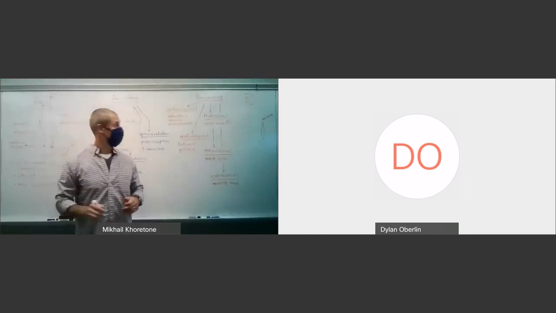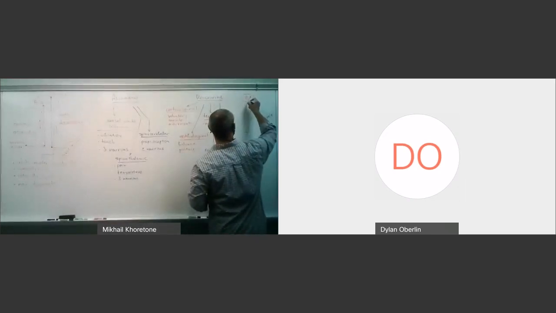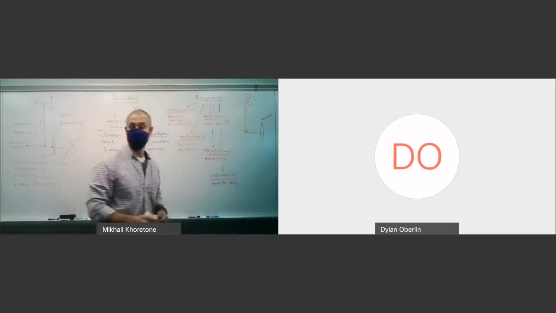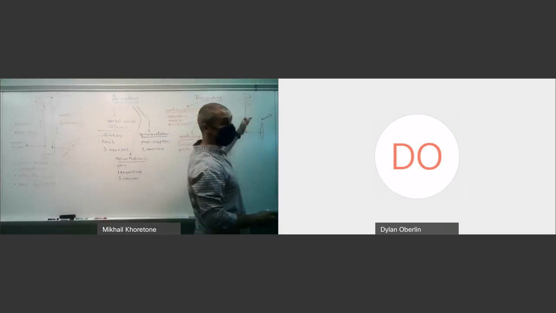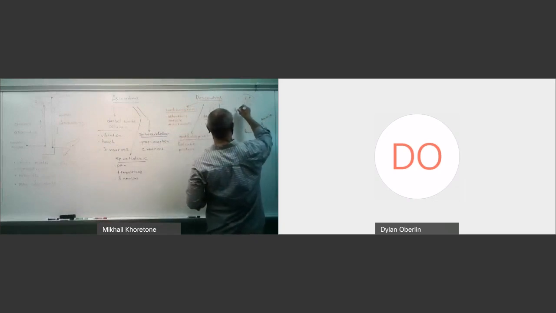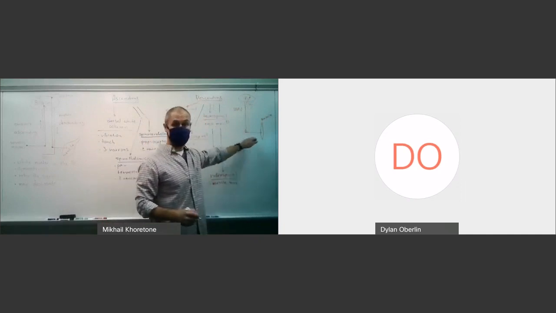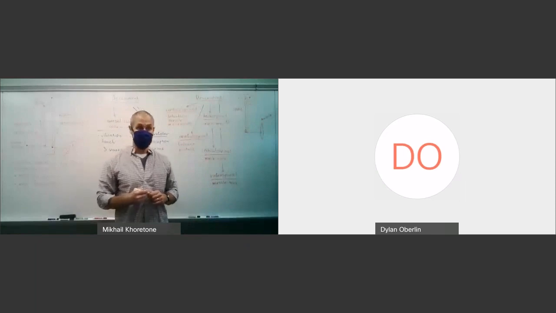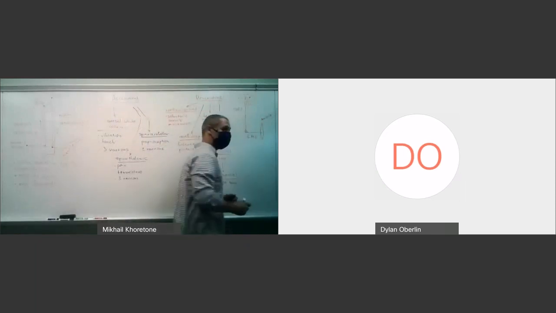Are you following? And here you have two neurons. One and two. Okay? So this top neuron is called the upper motor neuron. This one that extends from the spinal cord to the muscle is called the lower motor neuron.